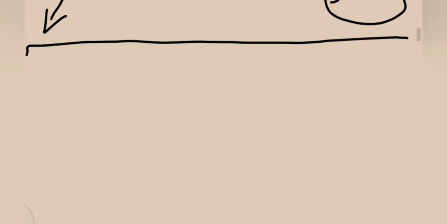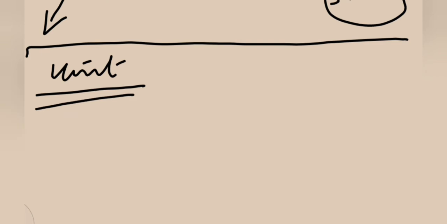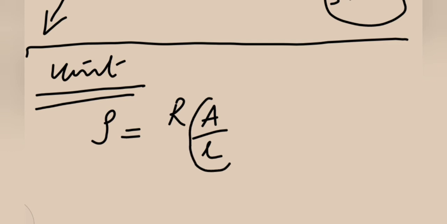Once we learn the definition, the second part is to learn the unit of resistivity. The unit of resistivity can be easily got using the equation rho is equal to resistance R into A by L. That is the equation of resistivity. Here I just put the unit of resistance, area and length.